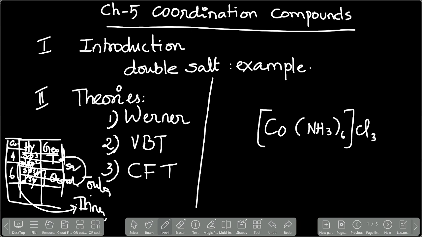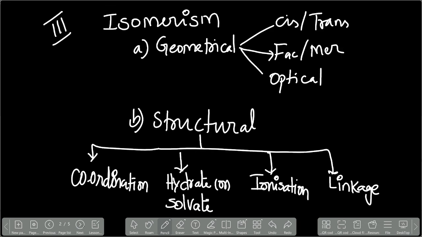And next, isomerism, geometrical isomerism, structural isomerism. So here, cis-trans isomerism, you may be asked to draw, or mostly only MCQs they are asking. They will give one complex, find out what type of isomerism is possible.